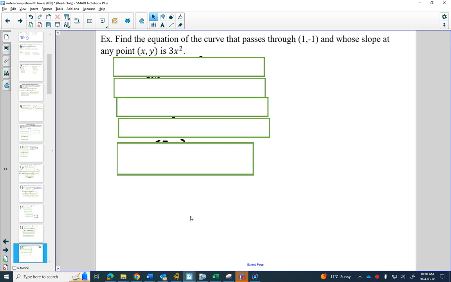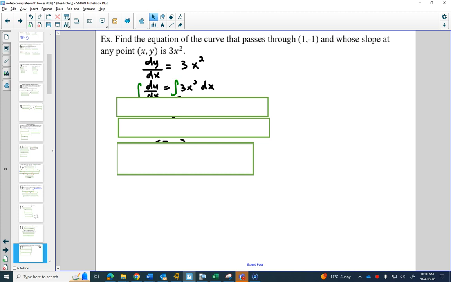So find the equation of the curve passing through 1, -1. And the slope at any point is this. So telling us the slope at any point, what does that tell us? That tells us a derivative. And if we know the derivative, we can integrate to find the particular solution.